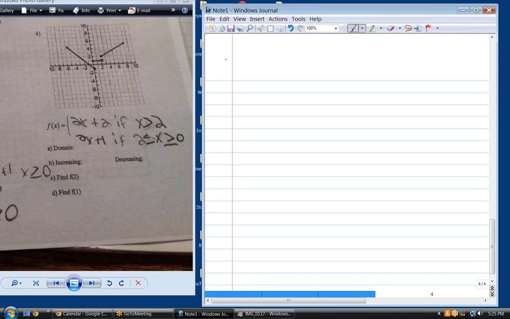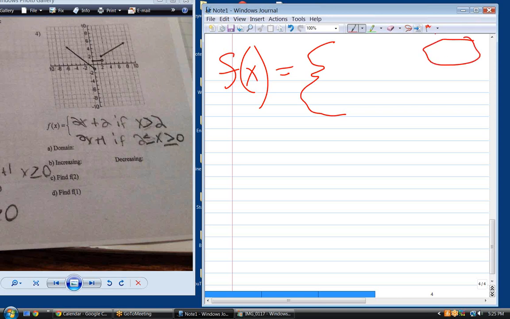Okay, so if I'm going to define this function as a piecewise function, I want to start right here with x. What is my x going to be? So if I want to go from the left, what is x everywhere here? Everywhere on that line.